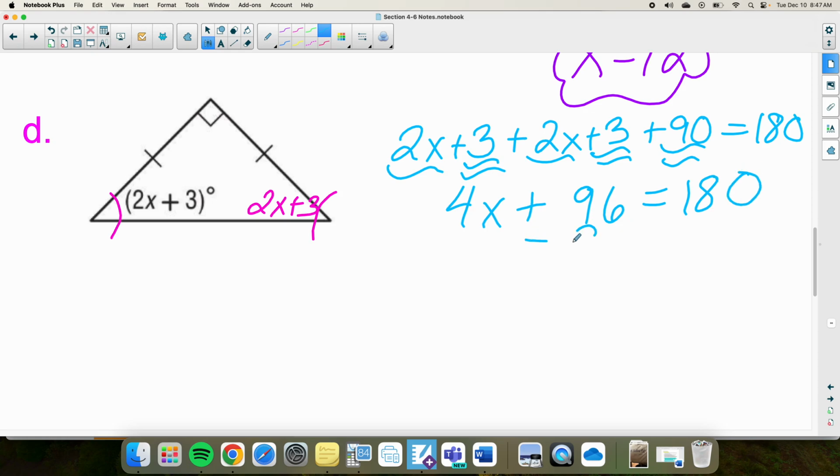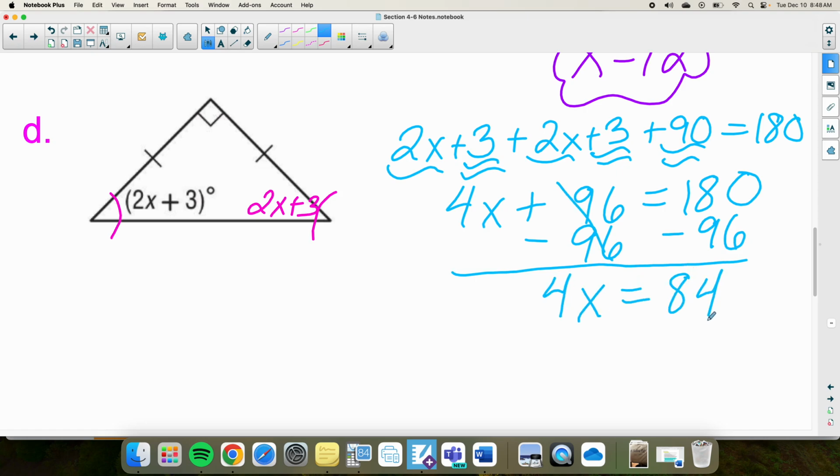Then I'm going to subtract 96, and I get that 4x is 84. Divide by 4, and x is 21. Okay.